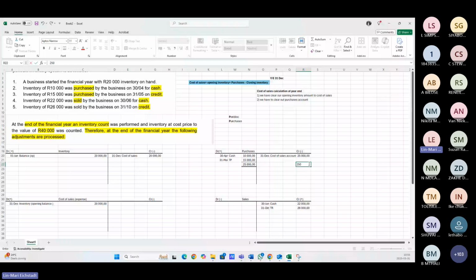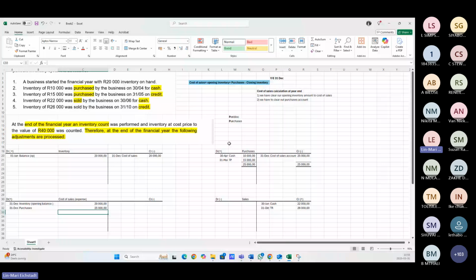We take this purchases here to our cost of sales account. This amount is at 25,000. So we can do this. Right, so now we've done step 1 and 2. We've cleared out our opening inventory amount to cost of sales, and we've also cleared out our purchases account.